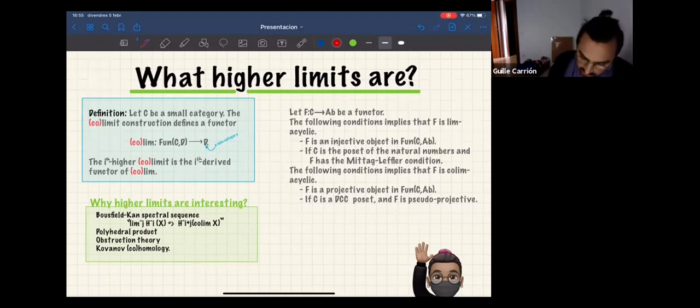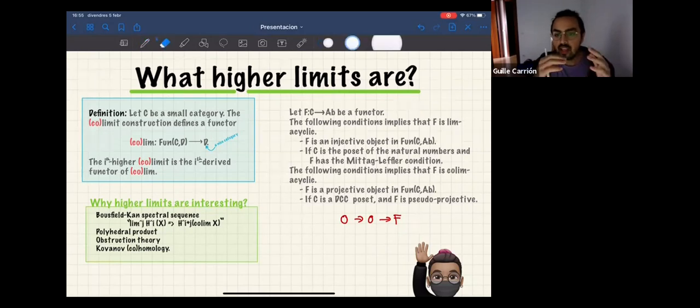Clearly, if F is injective, then F is its own injective resolution, so trivially it is lim-acyclic. And also if F is projective, for the same reason it is colim-acyclic, sorry. Also, another condition is if C is the poset of natural numbers, then F is a tower of abelian groups, and we have here the Mittag-Leffler condition.